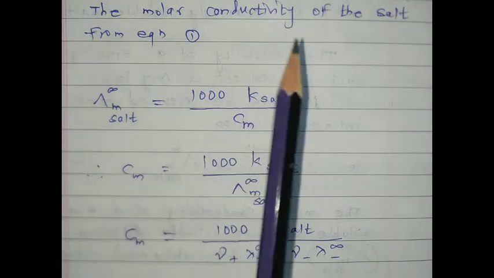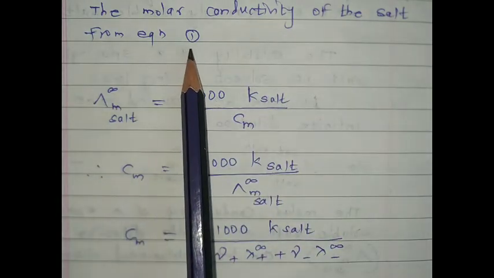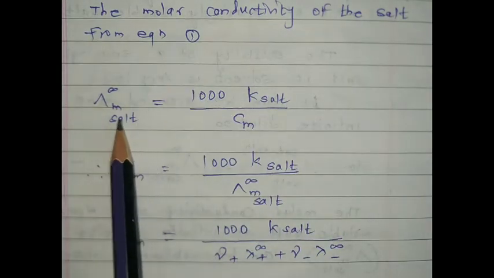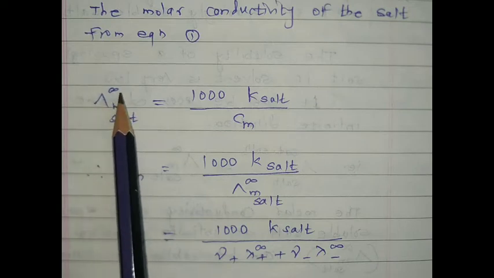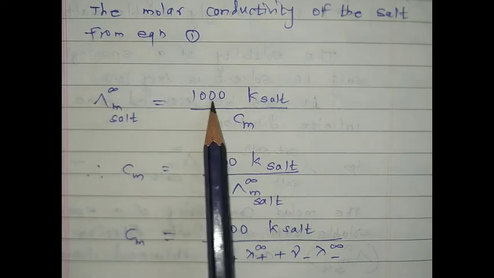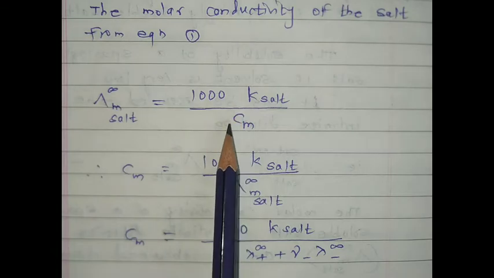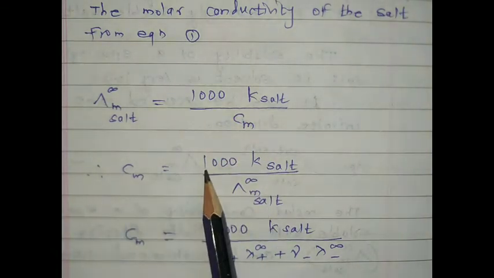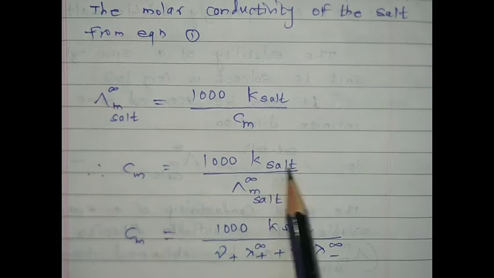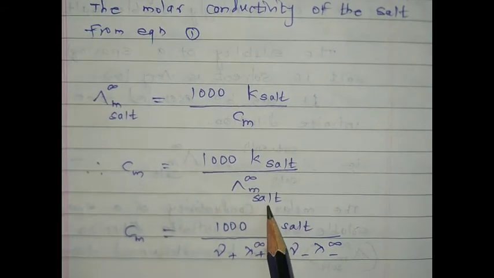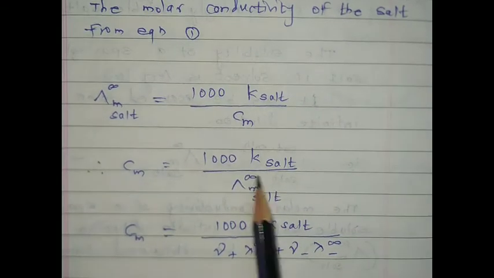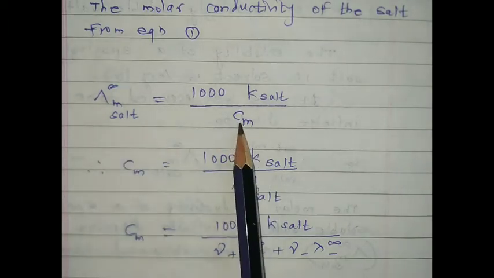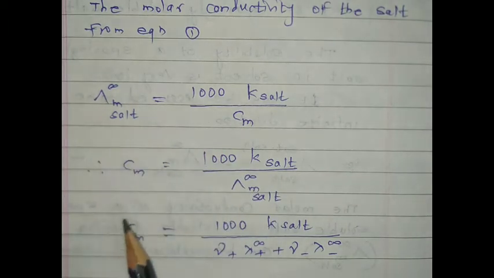The molar conductivity of the salt from equation 1 is lambda m salt at infinity equal to 1000 into K salt upon Cm. So Cm is equal to 1000 into K salt upon lambda m salt at infinity. We rearrange this equation for the concentration Cm.